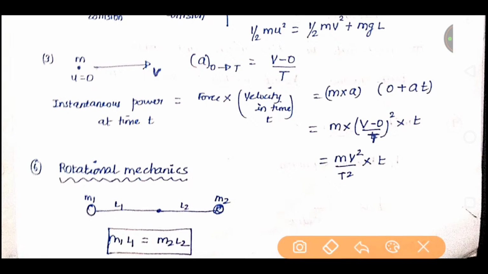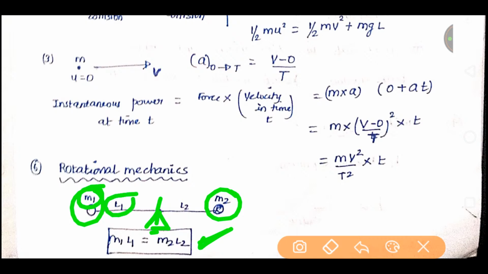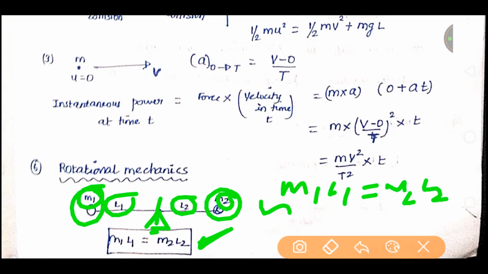Rotational mechanics, two masses m1 and m2 are there, and this is the midpoint. You should know this equation: m1 l1 is equal to m2 l2.